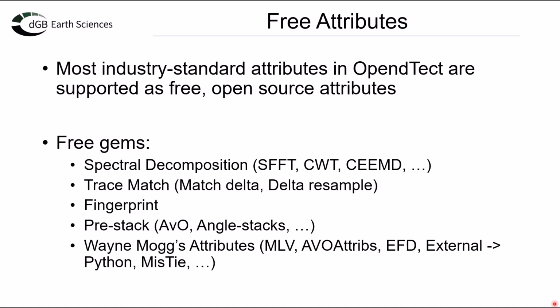Among others, AVO attributes, spectral decomposition attributes, an attribute to compute and apply mistie analysis to seismic, to align 2D lines in a 2D seismic grid. And my personal favorite is the external attribute, which allows you to write your own attribute in Python and use it directly in OpendTect.